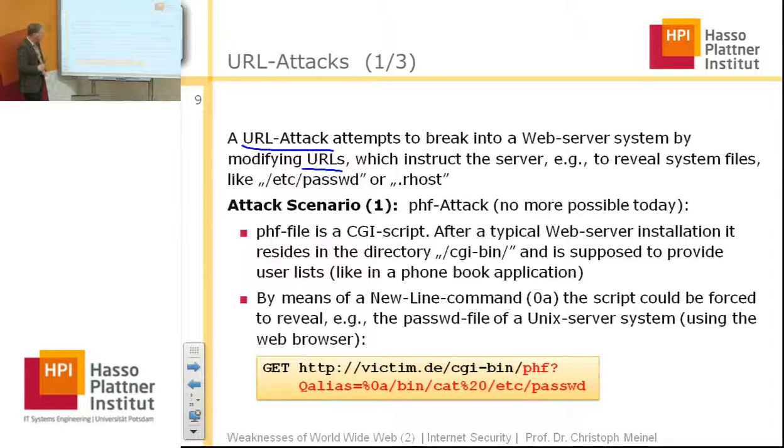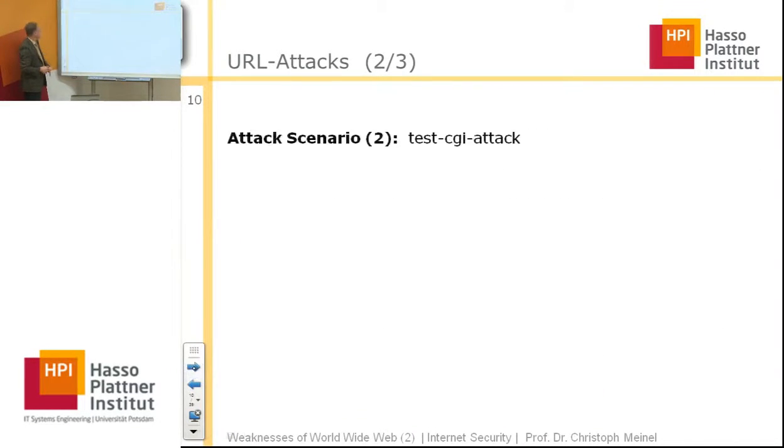And this is what is done. There is a victim system, cgi-bin, then phf question mark, and then the request for getting the password file, and then the browser displays it. In the past, the browser on the user side could display the password file. And you remember, this is important to get the password file for any kind of password attacks we already discussed in the past.